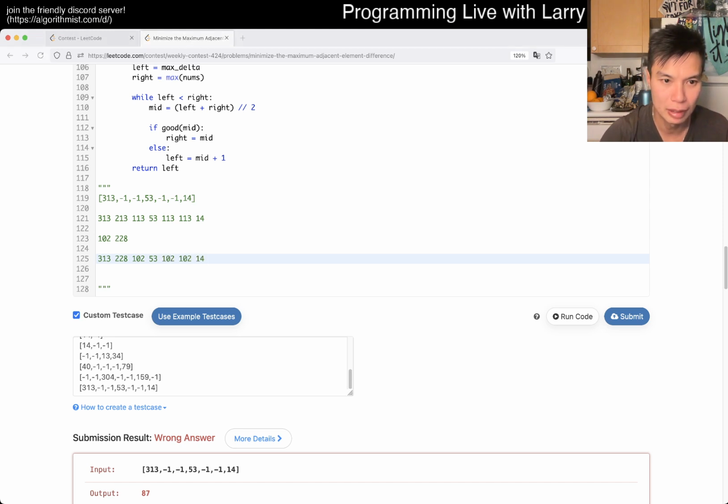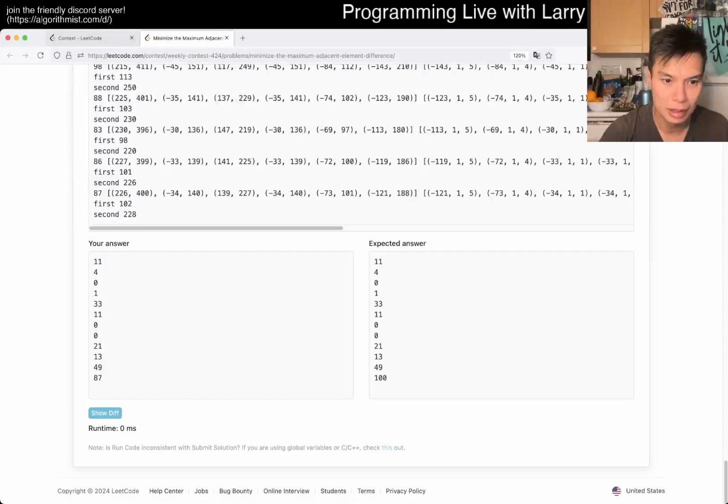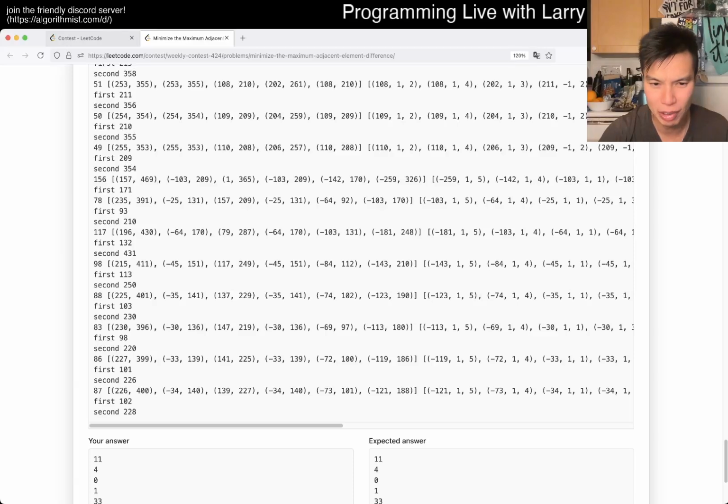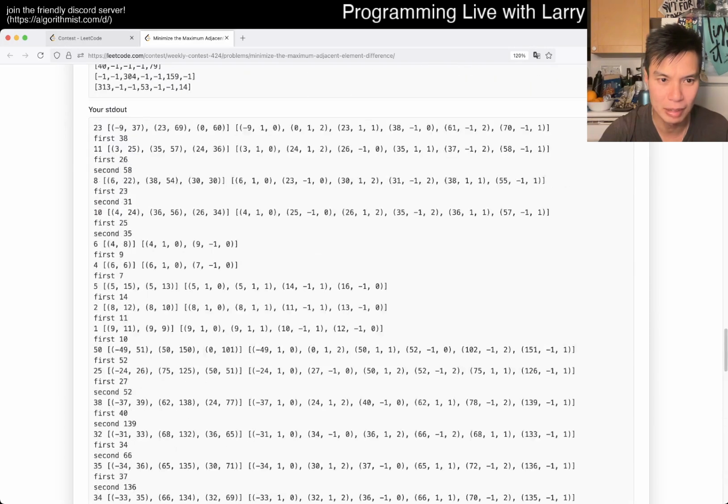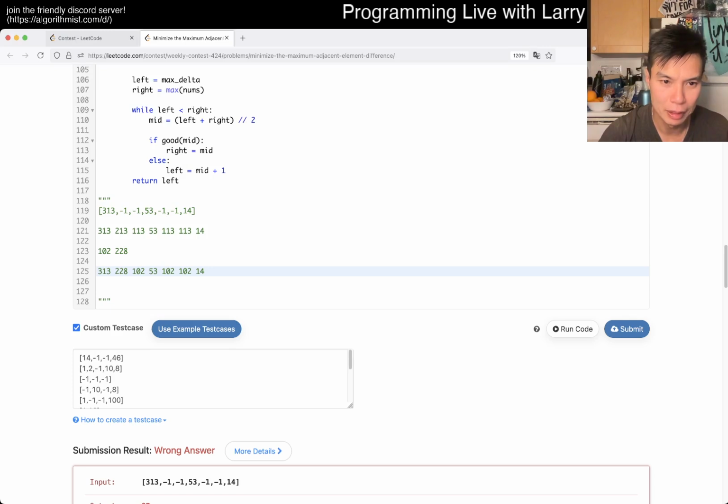What is that? 102 minus 14 is 88. This is 87, which means that it's kind of wrong anyway. Wait, no, I returned 87. So 87 isn't even right. But 228 minus 102 is very big.